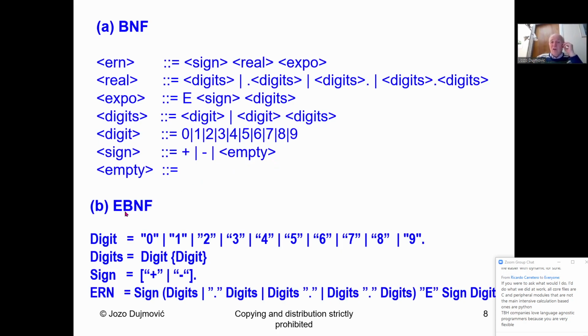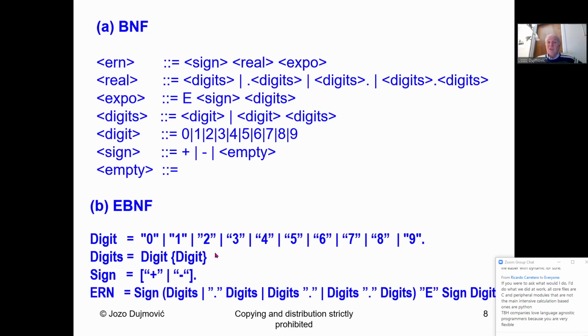In the case of eBNF, you have to say the digit is 0 through 9. If you have letters, for example, you are not supposed to put all of them from A through Z. Put A, B, C, and at the end Z, and everybody will understand that you want to put all of them. Now, what are digits? Digits have to have at least one digit. So here is this one digit, and here is the sequence of 0 or more digits. So you have to have one digit at least, and then you can append some of them.